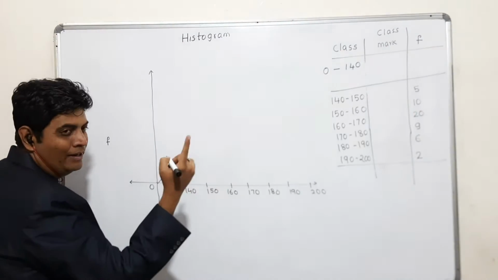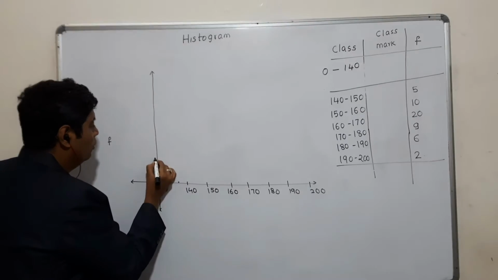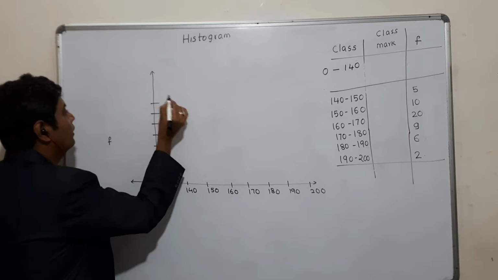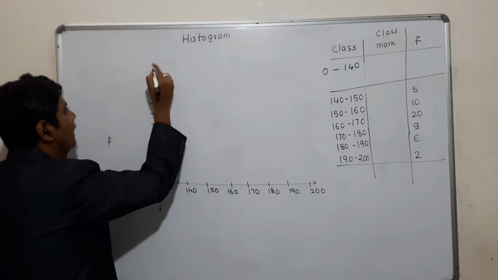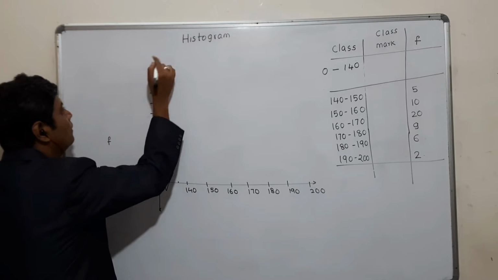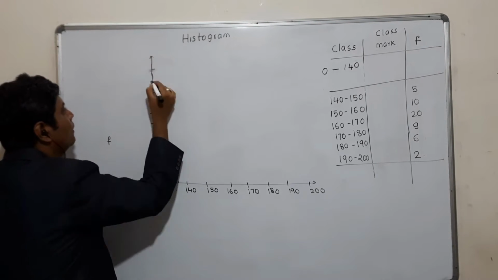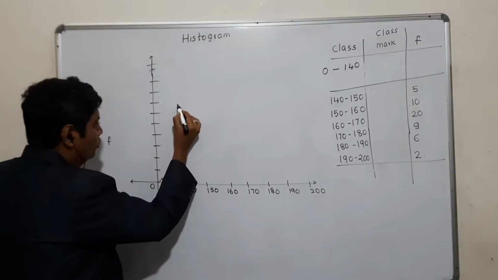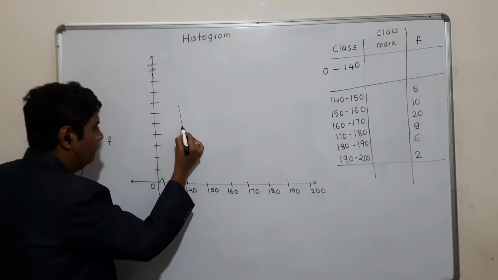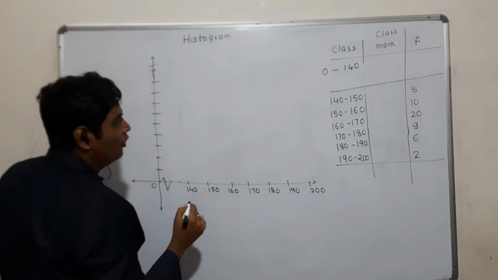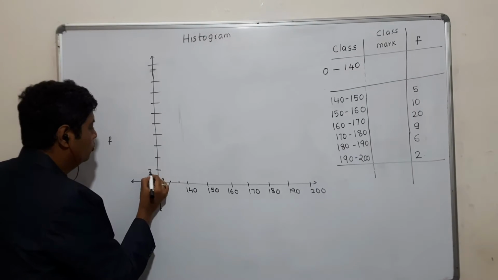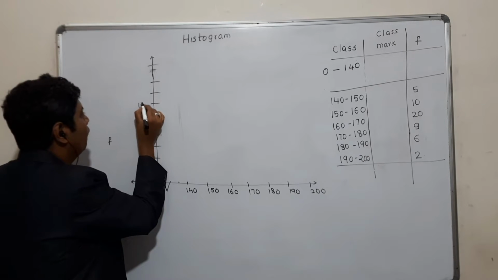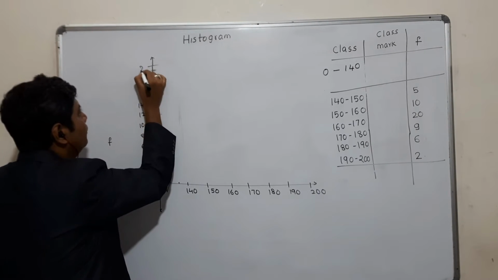Frequency, you see, is up to 20, so we will use 2, 4, 6, 8, 10, 12, 14, 16, 18 and 20. In the graph paper this will already be drawn. So for 140 to 150 it is 5.